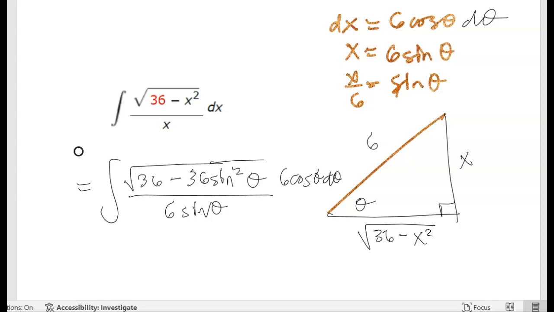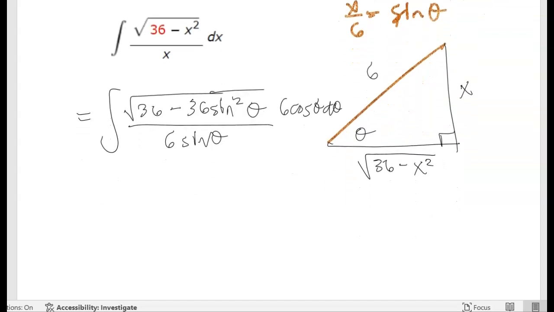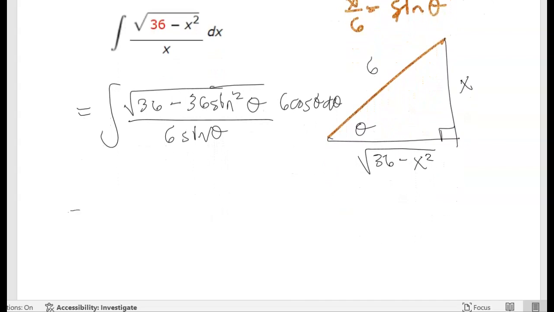And then at this point, I guess anything can happen, right? What kind of integral are we going to be dealing with? Well, right now, if you factor out the 36, 1 minus sine squared theta is cosine squared theta. So that would give you 36 cosine squared theta, square root that guy, and that's 6 cosine theta, over 6 sine theta, and another 6 cosine theta here.